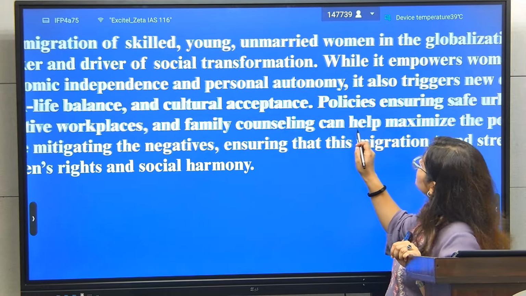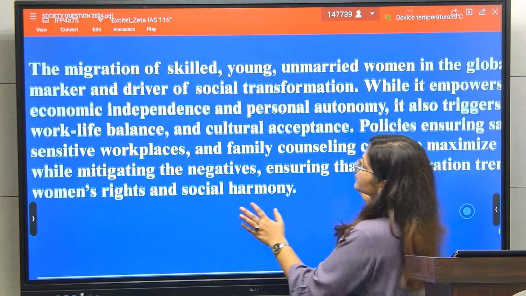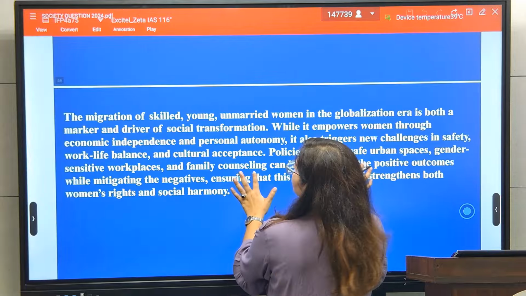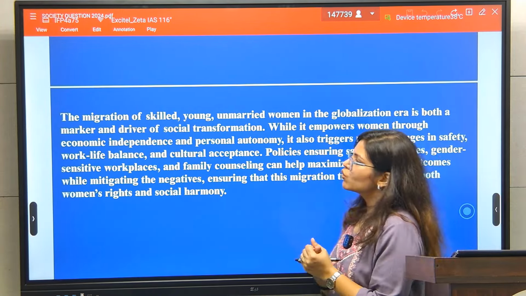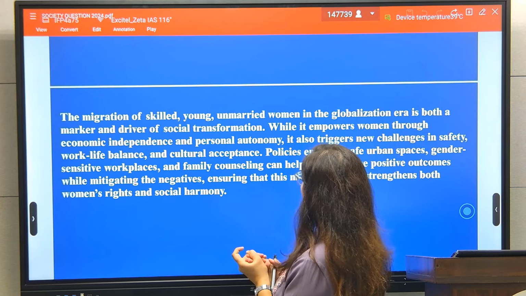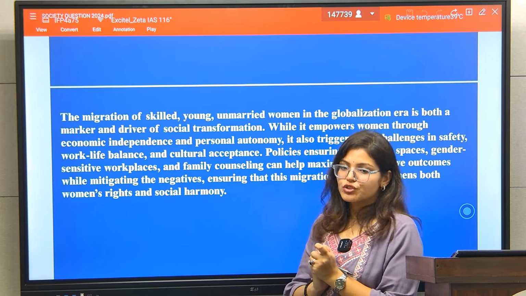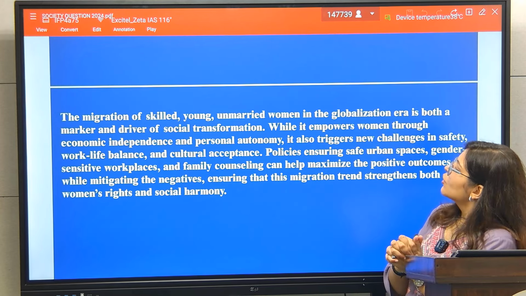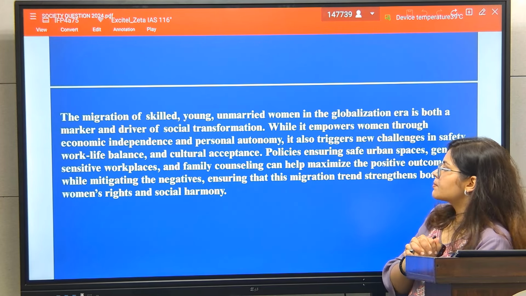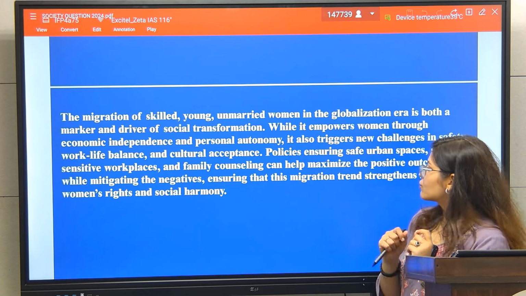While it empowers women through economic independence and personal autonomy, it also triggers new challenges like work-life balance, cultural acceptance. Policy ensuring safe urban space. So you are also giving the solution.